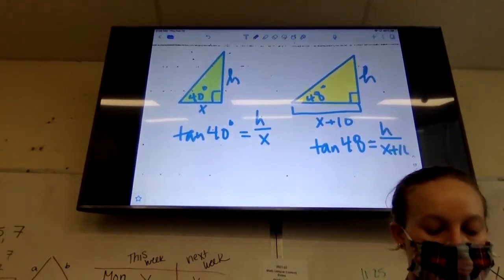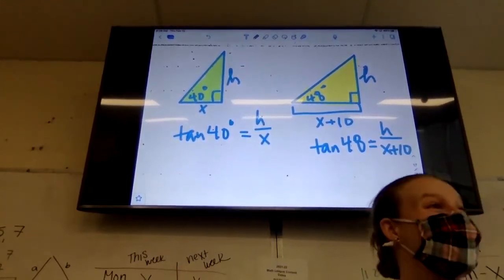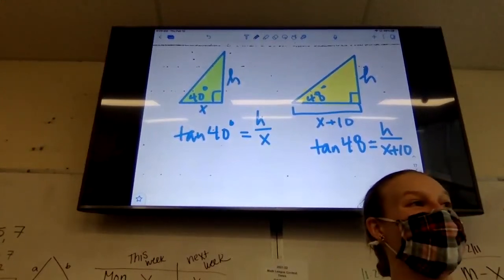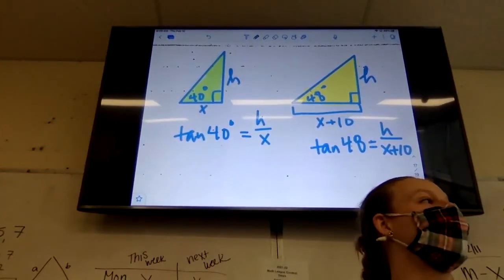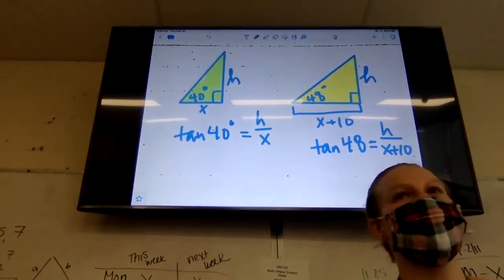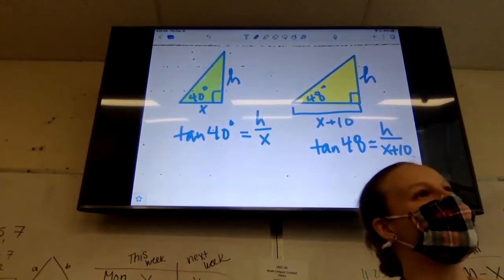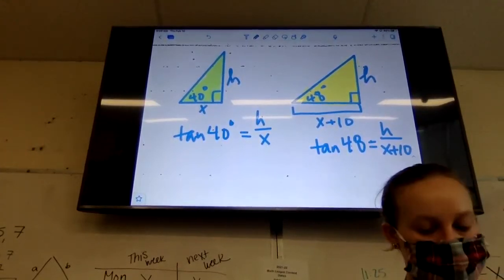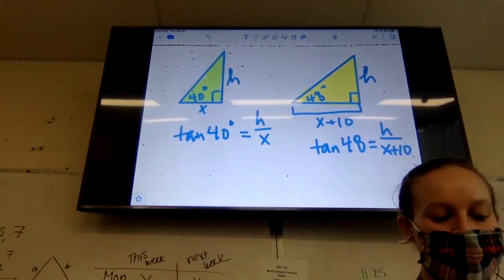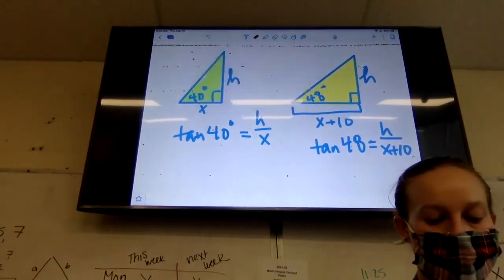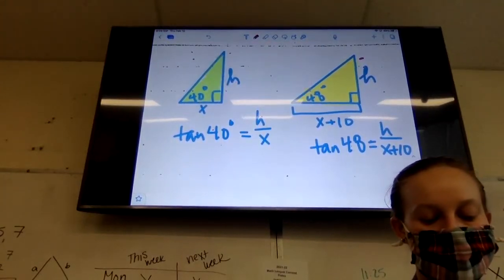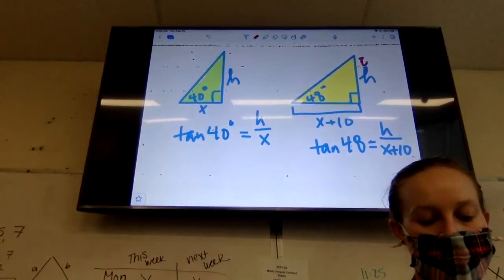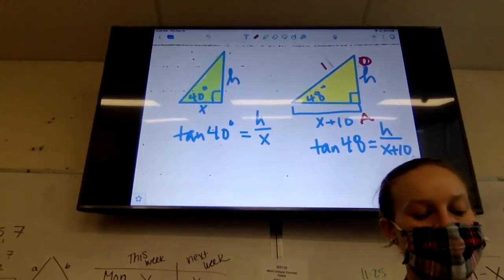H over X plus 10. Yes, we use tangent because the sides that are given to me are opposite and adjacent. And I do not care at all about the hypotenuse.